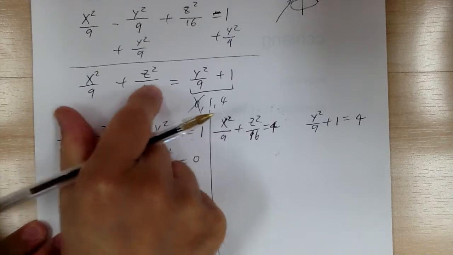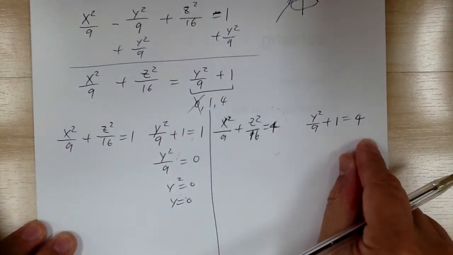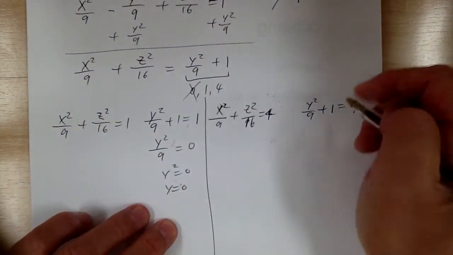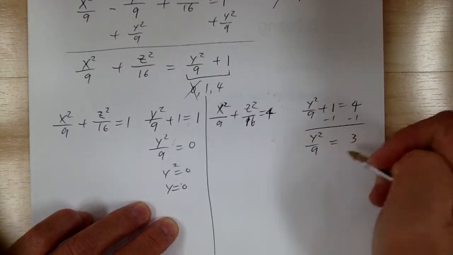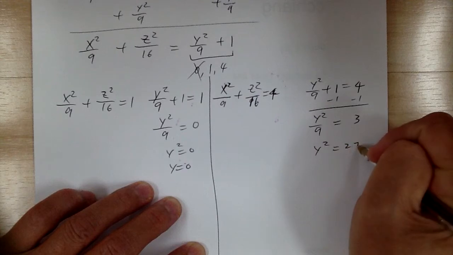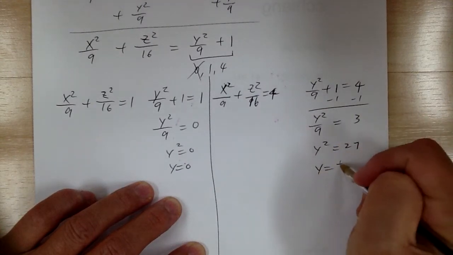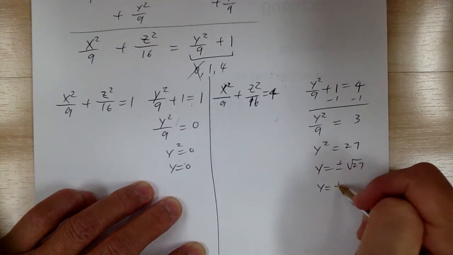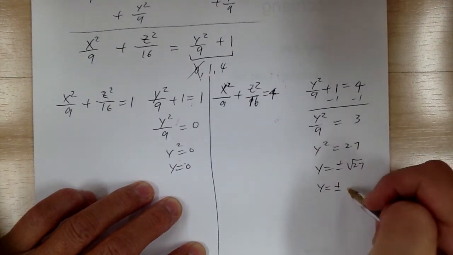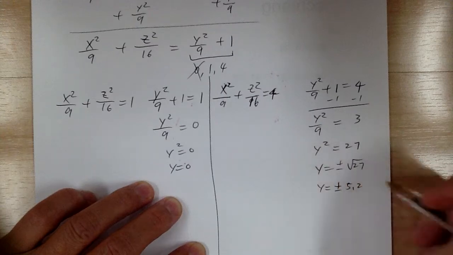Then from here you can solve, just to get a rough idea of what that is. This is about 5.2.